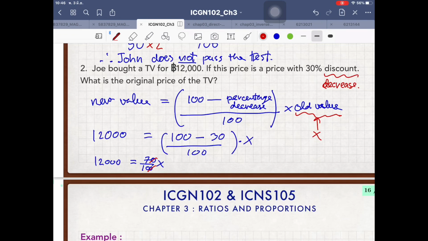And then to solve for x, you need to isolate the term x. Okay, here you can move 10 and 7 to the left side. All right, and this will be the original price for the TV set.